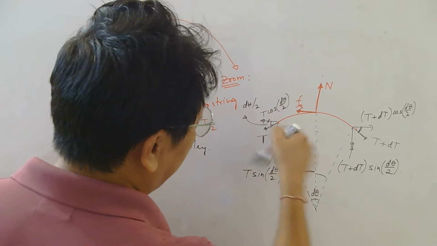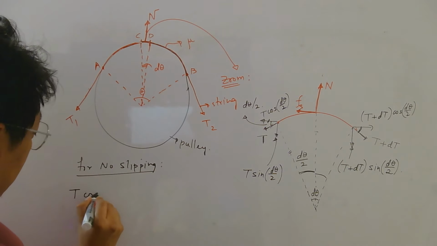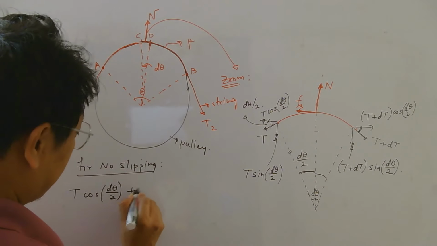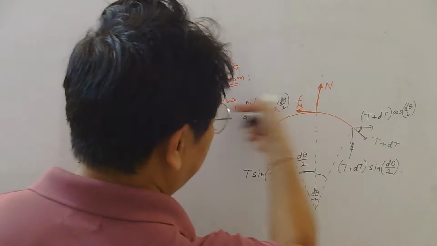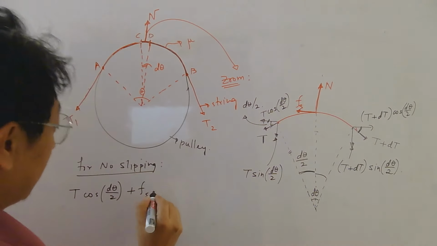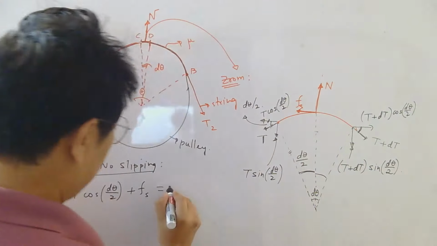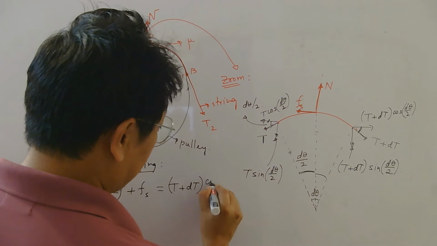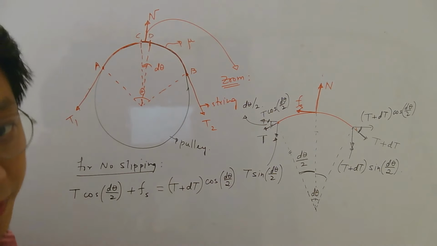So those two should balance this right side component. So T cos d theta by 2 plus this static friction, right? This is left, so those two will be added. Those two should balance this right side force, which is this one, (T plus dT) cos d theta by 2. Right?